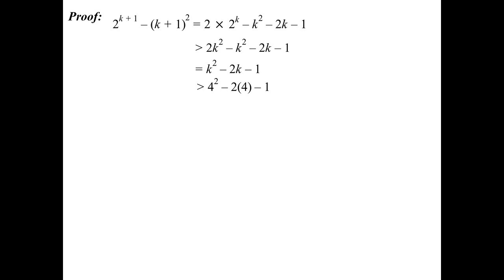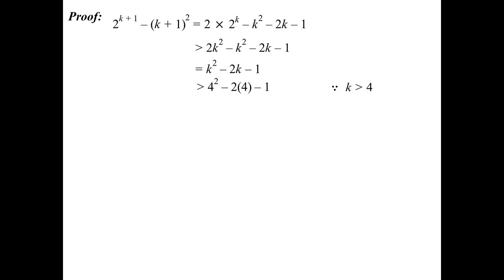And you might be saying, well, hang on, but you're subtracting something. How do you know it's going to stay bigger? Well, 2 times a number bigger than 4 will always be less than that number squared. Now, fair enough, if k was equal to, say, 2, I couldn't make that statement. They'd be equal, not greater than.